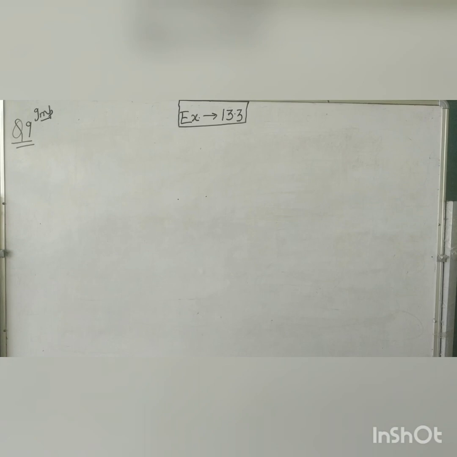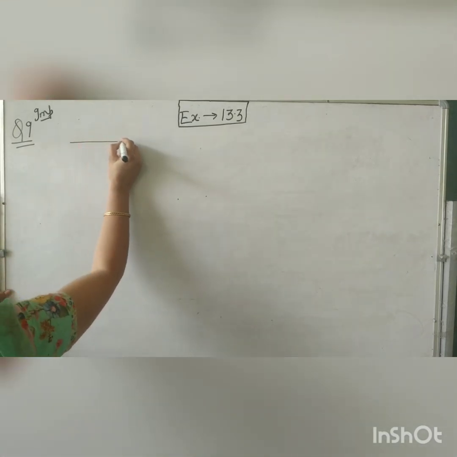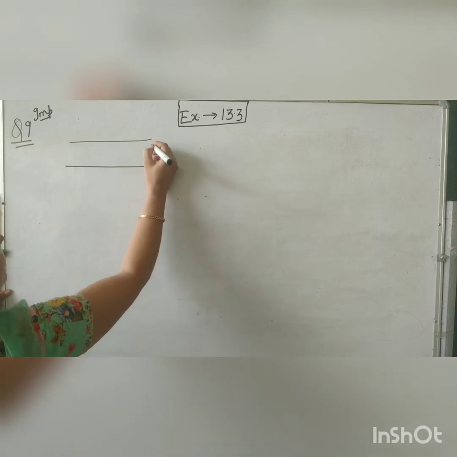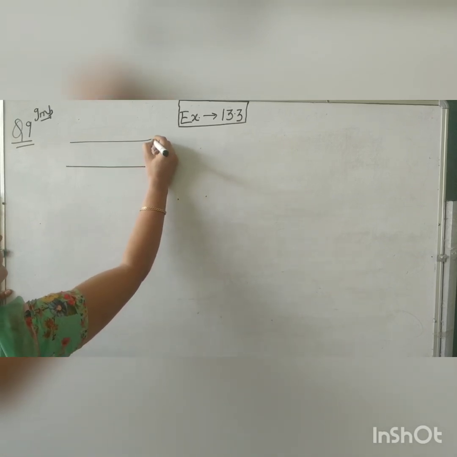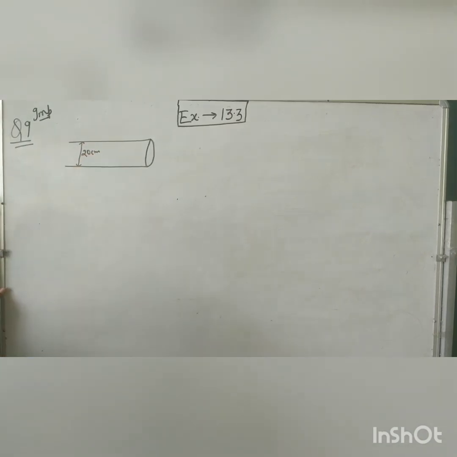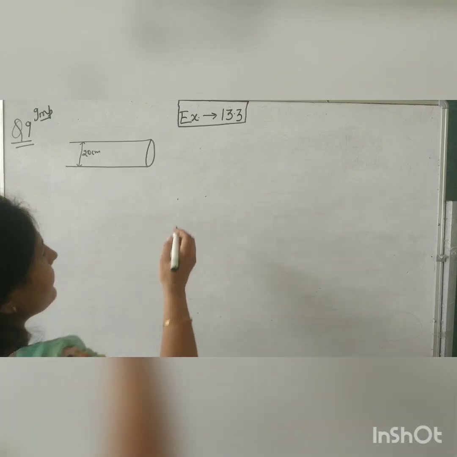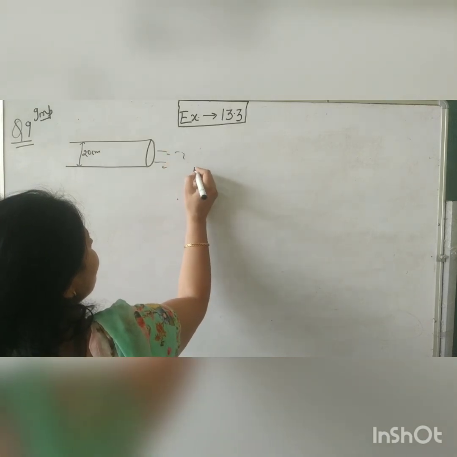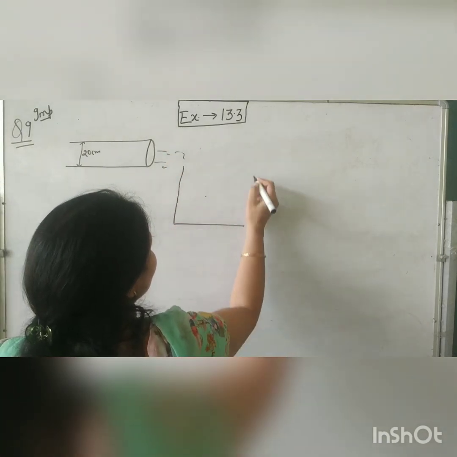A farmer connects a pipe of internal diameter 20 cm to form a canal into a cylindrical tank in a field. How much is the diameter given? 20 cm. Where is the water going? Into the tank, right?